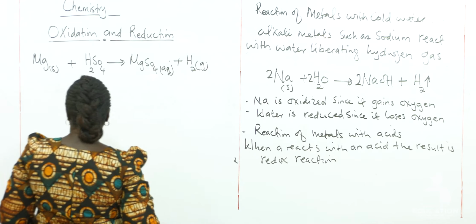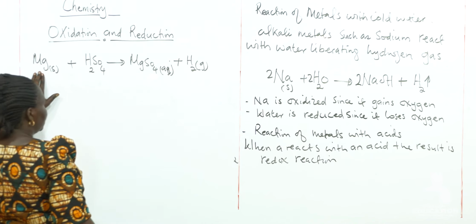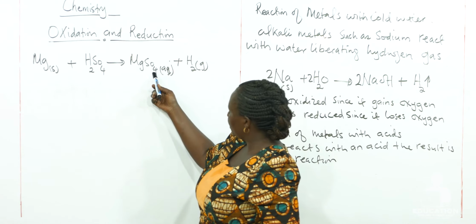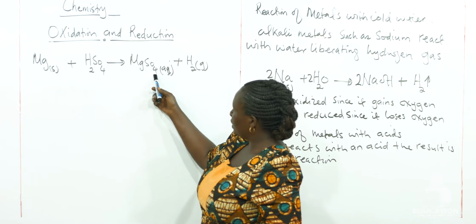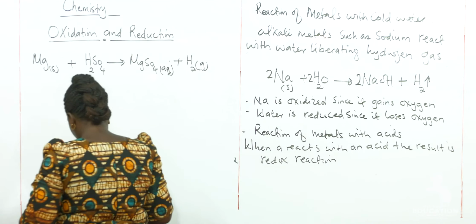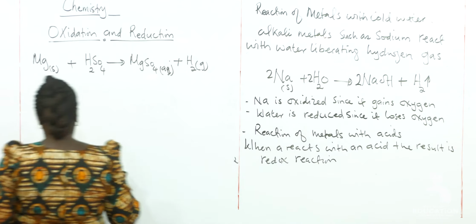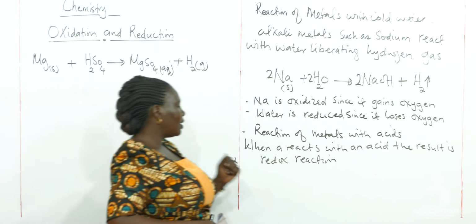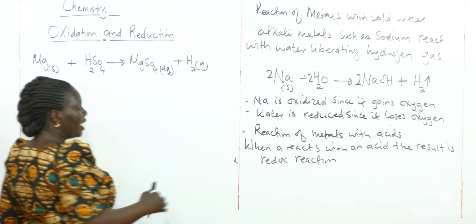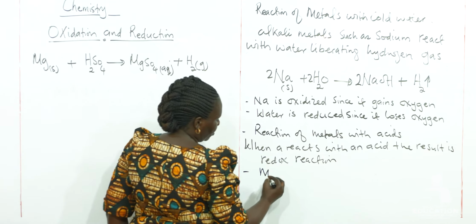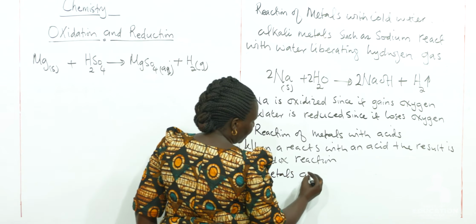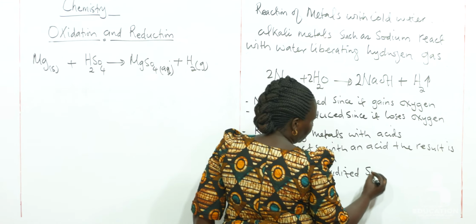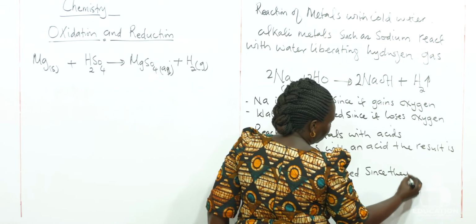So we have magnesium is oxidized because magnesium gains oxygen. Therefore, generally in reactions of metals with acids, the metals are oxidized since they gain oxygen.